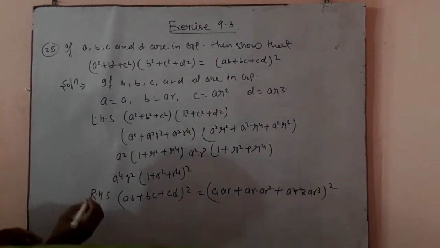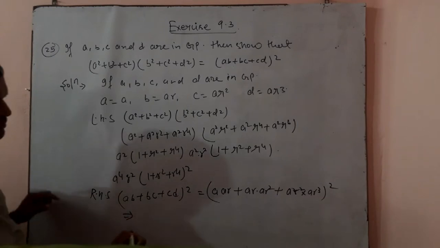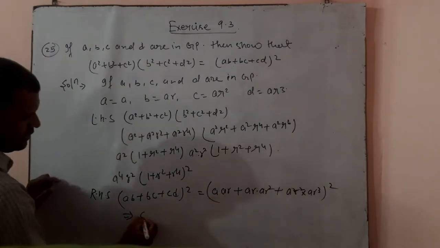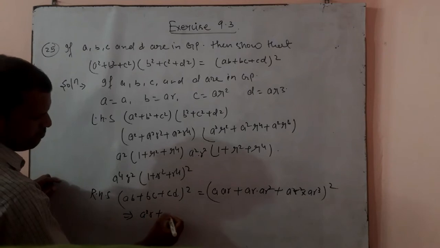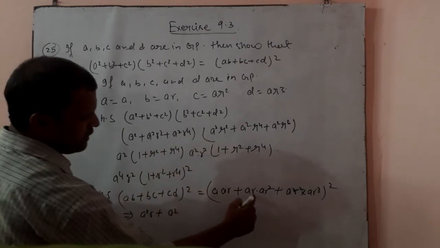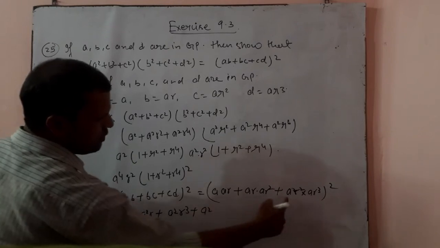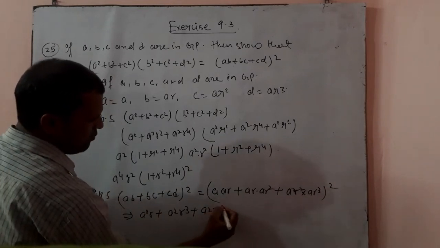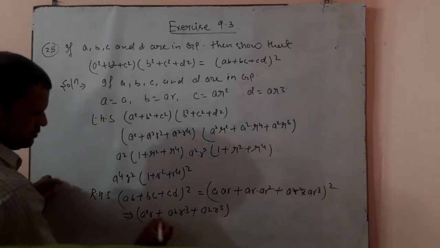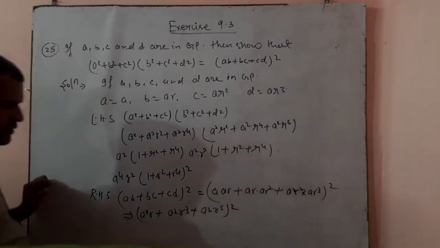Now this can be written as A square R plus A square R cube plus A square R to the power 5, whole square.